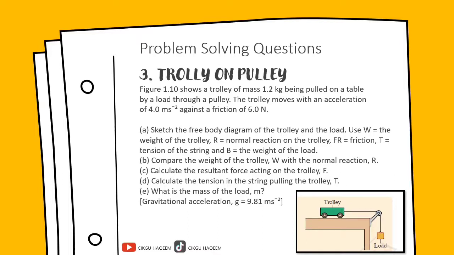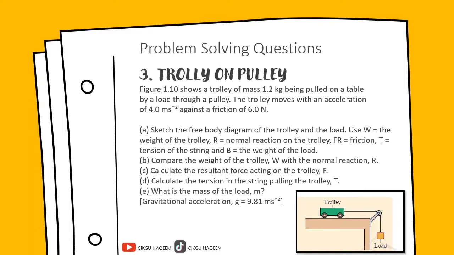B is the weight of the load. This question uses the symbol B for the weight of the load because there are two weights that must be shown in this diagram, so we need to give a different symbol for the weight.